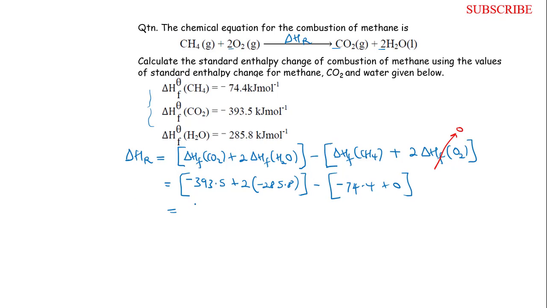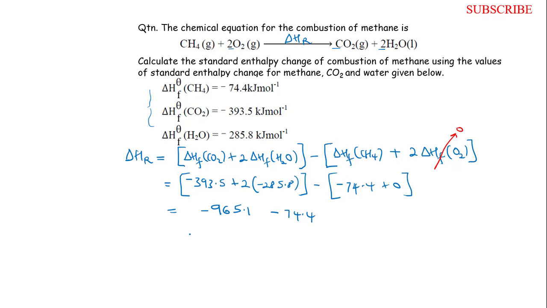So when we press the calculator, we shall have 965.1, then minus 74.4. So what do we get? 965.1 minus 74.4.